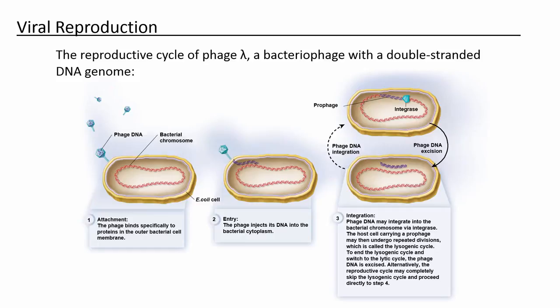Not too important. You don't need to know now what helper T cells are. We will talk about them at the very end of the course. The second to last topic that we talk about is immunology, and helper T cells are a cell type that's part of your immune system.